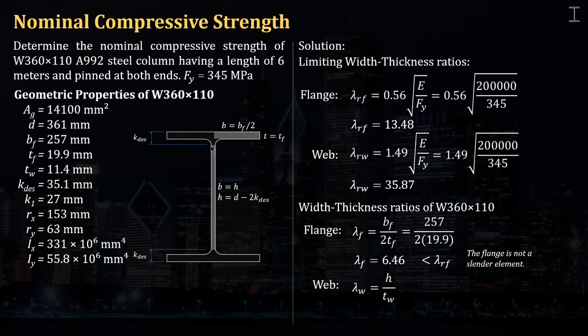So here, it must not be just tf but the k design. So that is d, the total depth, minus twice k design, and that will give us 361 minus twice 35.1 millimeters over 11.4, and that is 25.51. And that is still less than this limiting width to thickness ratio. That means the web is not a slender element.